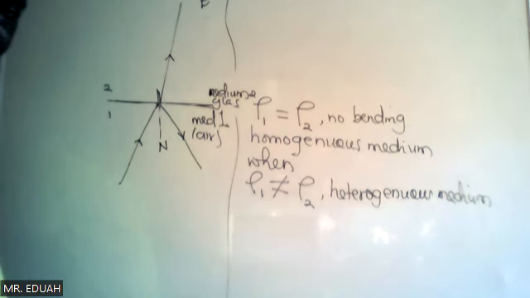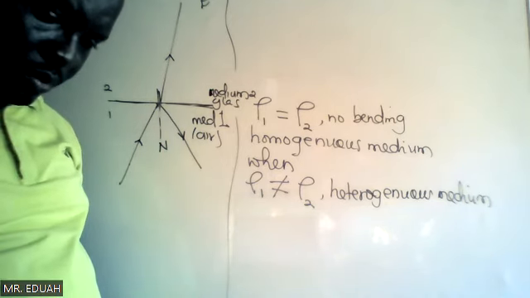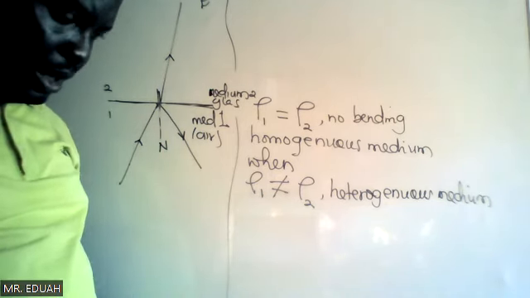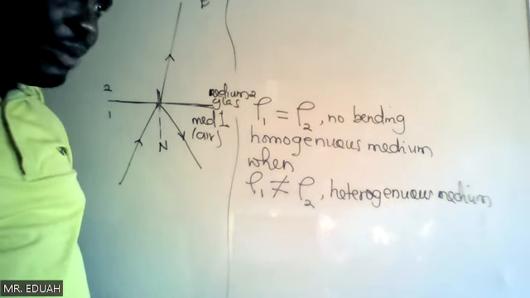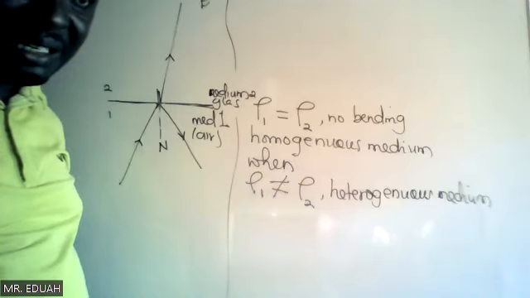Class, are we okay? Yes. So when it moves through media of the same densities, do we consider that as refraction of light? No, it won't bend. There wouldn't be any bending.